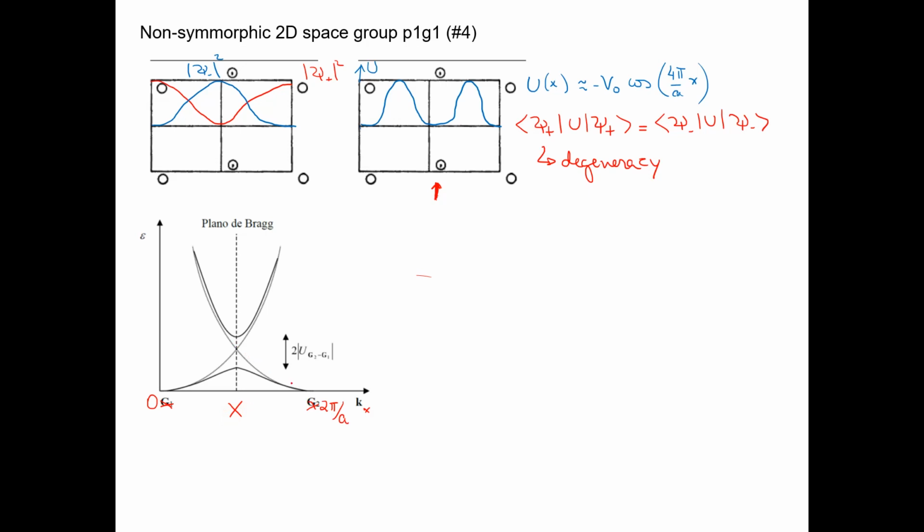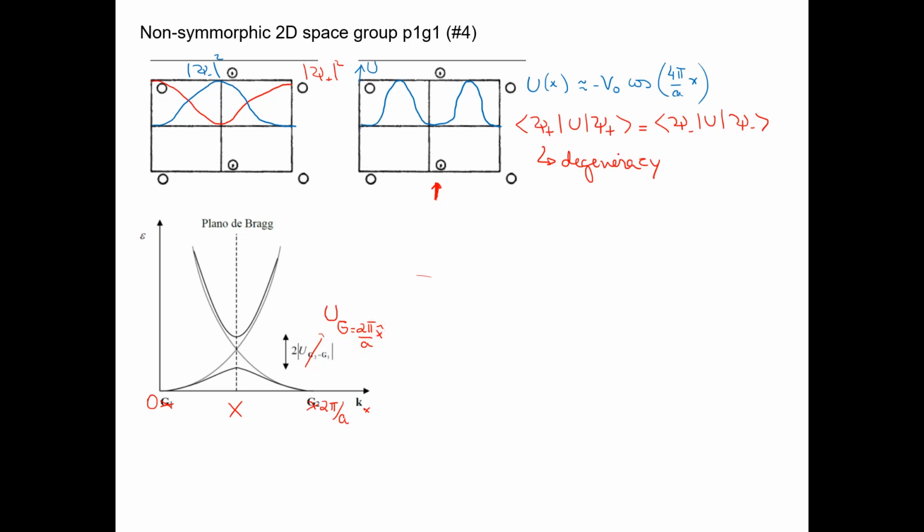And you see that these are the two parabolas coming from the two reciprocal lattice vectors. They cross here. And I said last time that the size of this gap is twice the absolute value of this particular coefficient in the Fourier expansion of the crystal potential. So in our case then, this should be u of g, in which g is equal to 2 pi over a x, right?